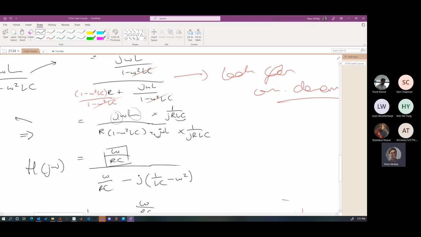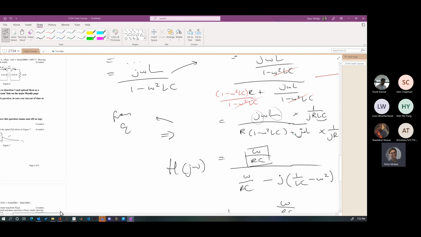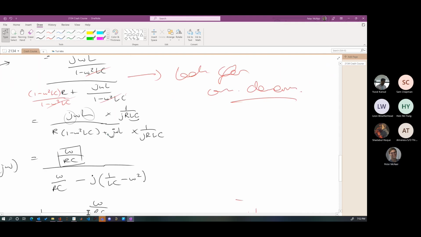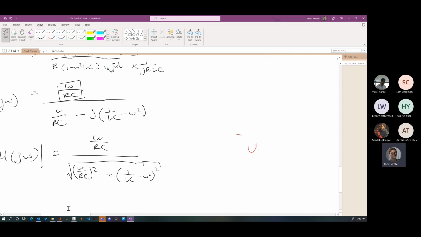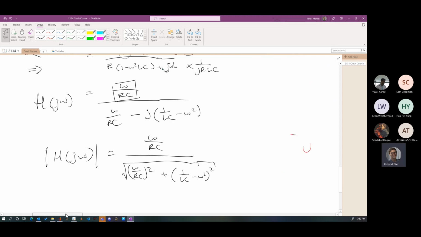So I might divide this through by J, just to get it a bit neater, but you wouldn't be expected to get it into that, because how are you meant to know? Yeah, exactly. Okay. No worries there. This was just a nice question in that we got given the transfer function. But if you're not, don't stress about what it looks like.